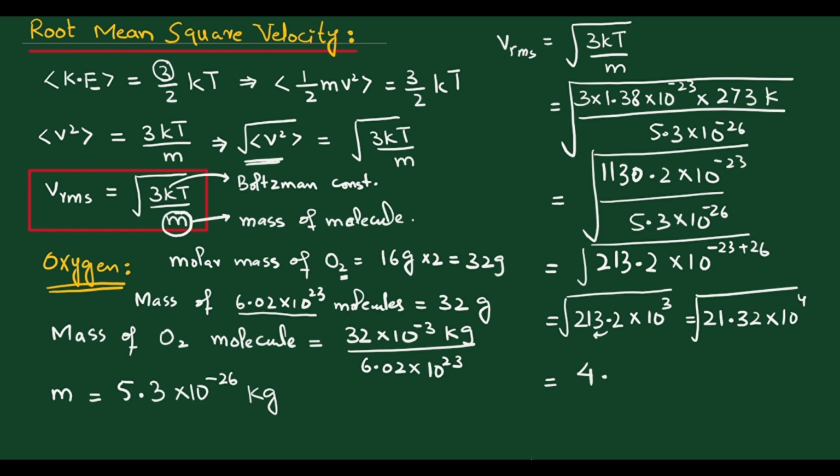Taking the square root of 10 raised to power 4 will become 10 raised to power 2, and the unit is meter per second. So the root mean square velocity will finally be equal to 461 meters per second.